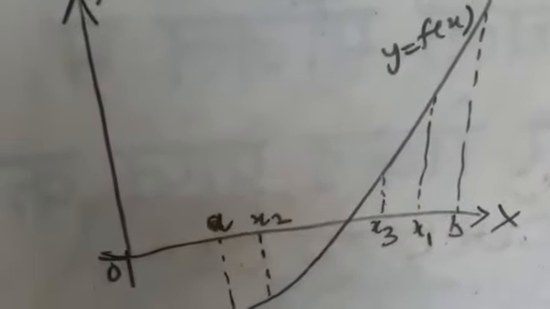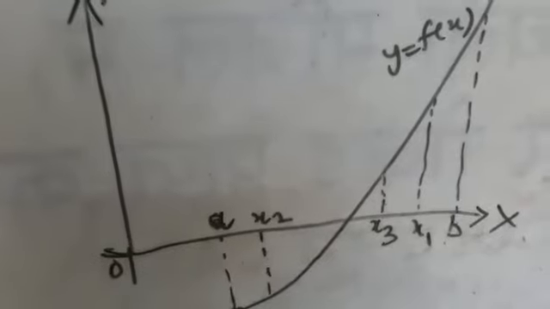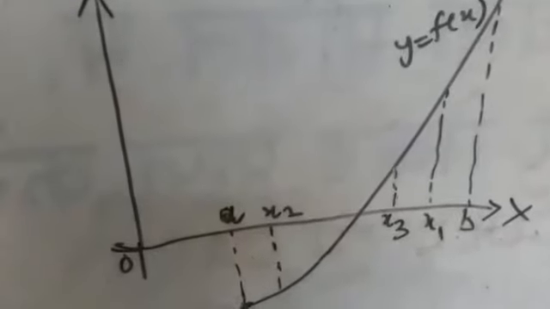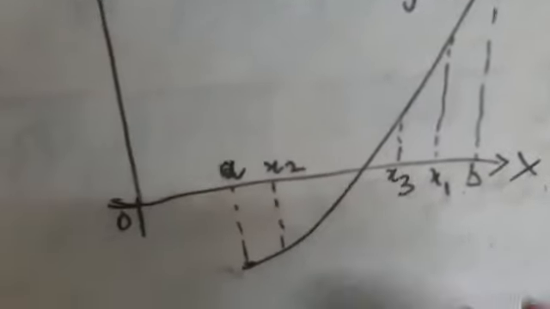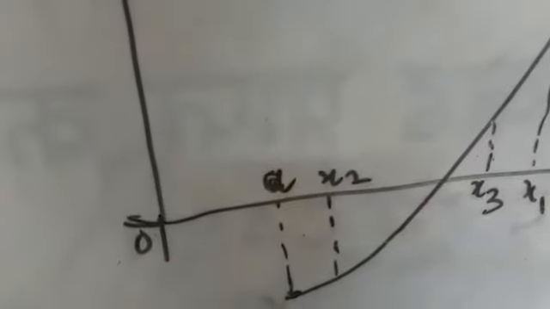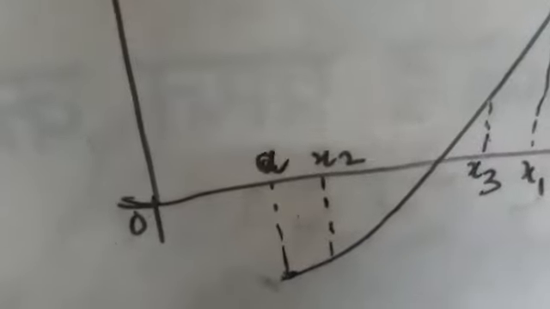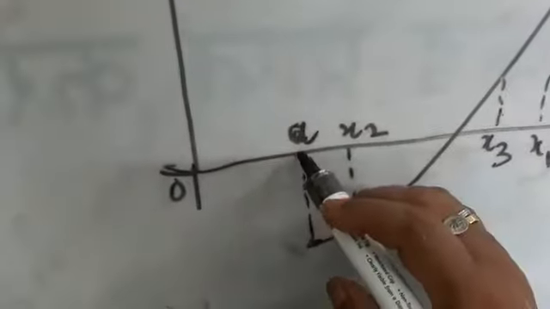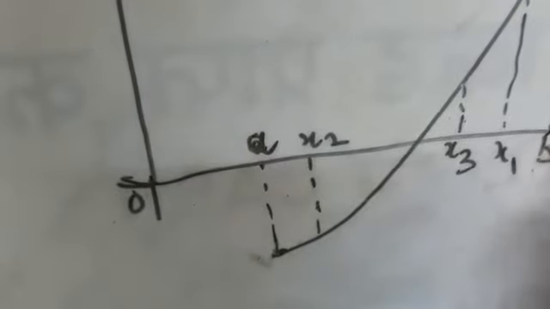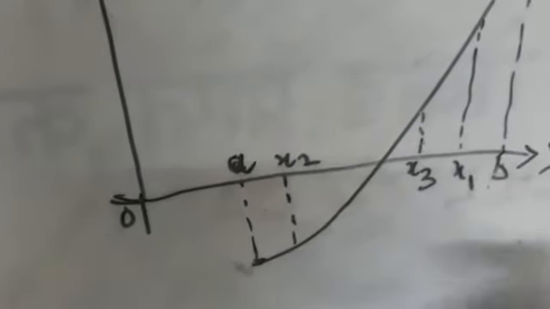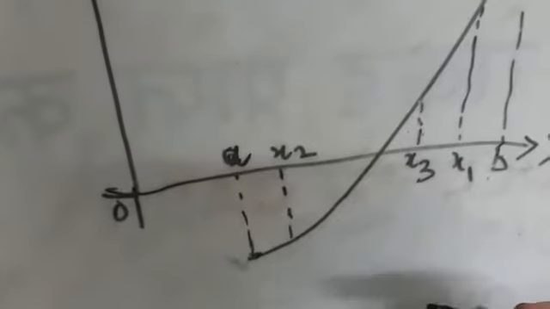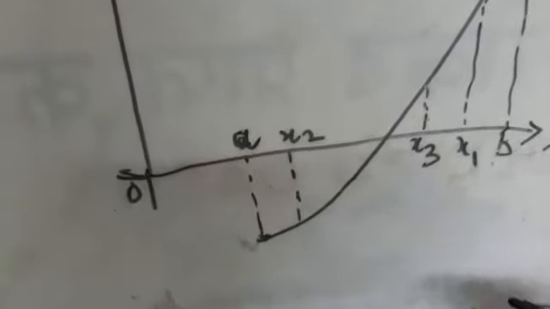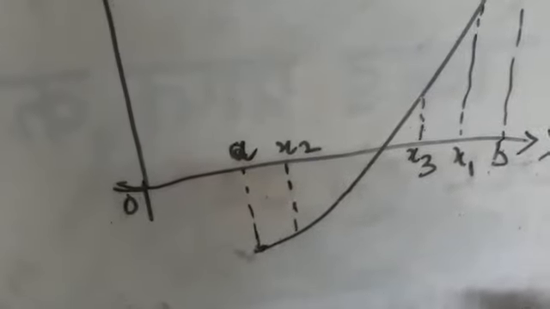This method consists in locating the root of the equation f(x) equal to 0 between a and b. If f(x) is continuous between a and b, then f(a) and f(b) are of opposite signs, and there is a root between a and b.